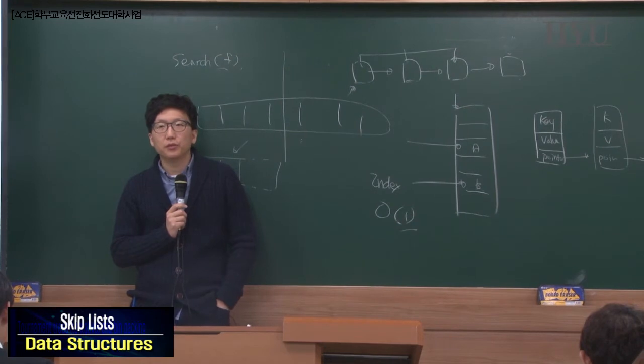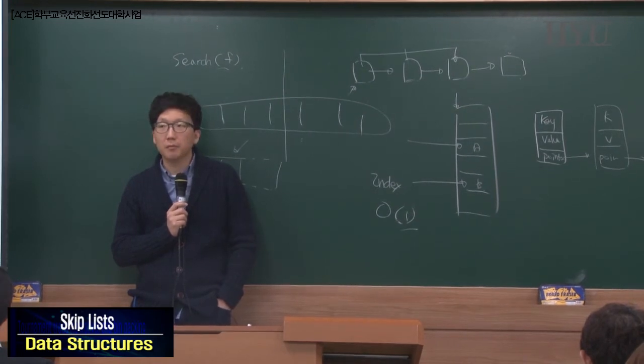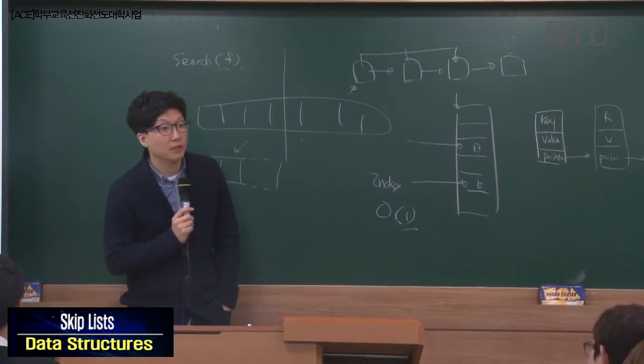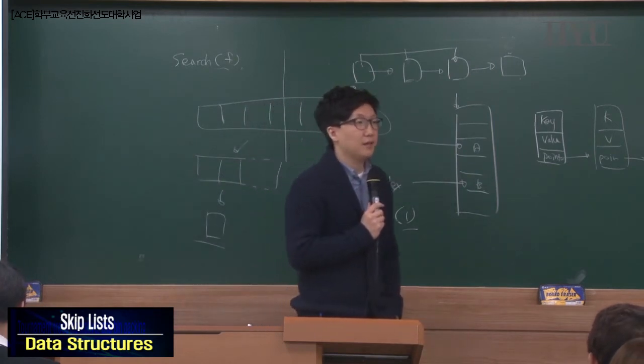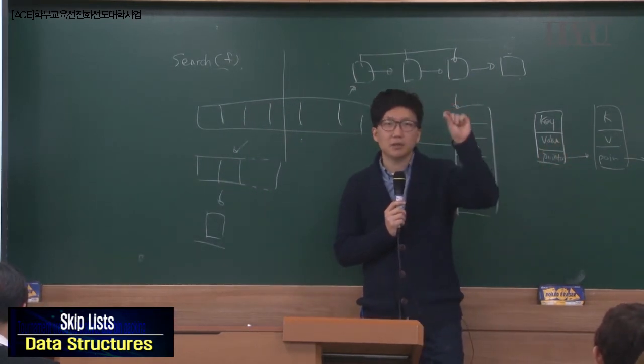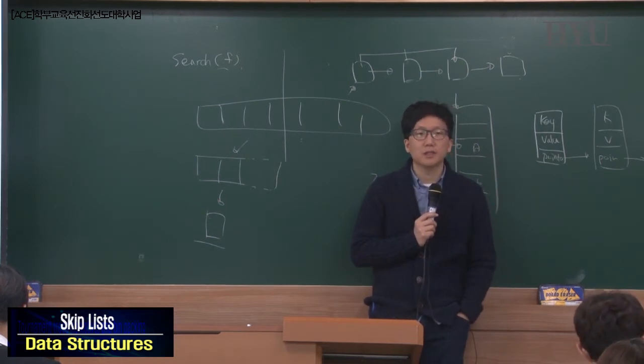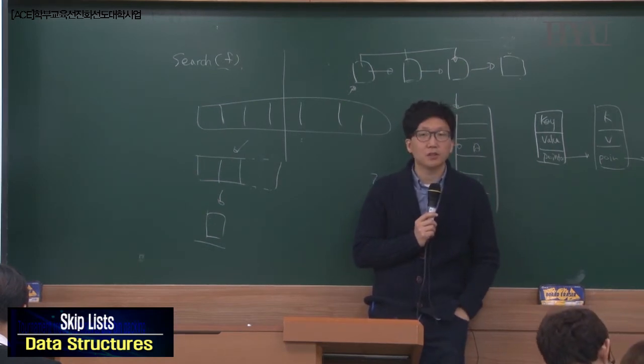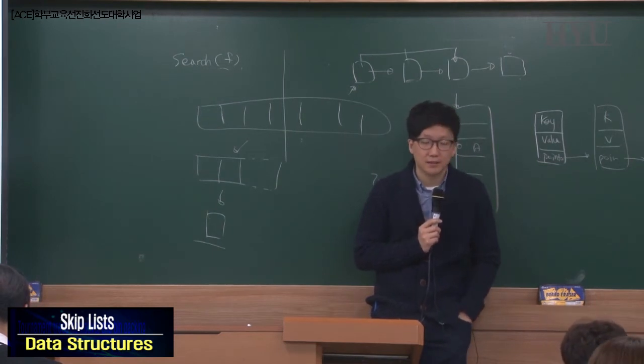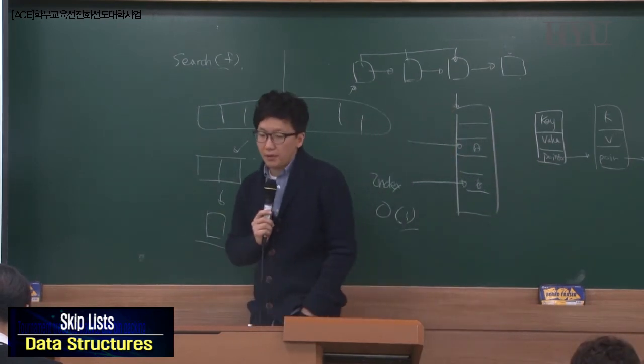I think we use that when we implement a circular queue, right? The reason that we use a modular is to make sure the index value doesn't go out of the total size of the list, right? Similar idea.